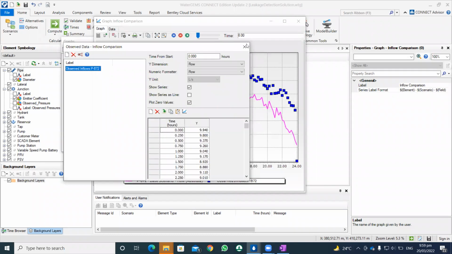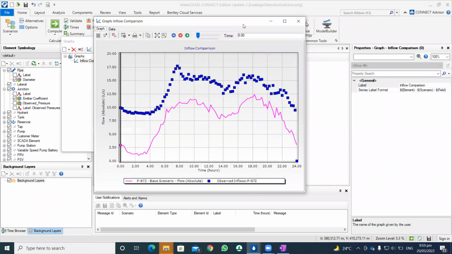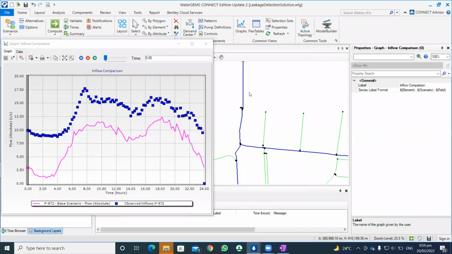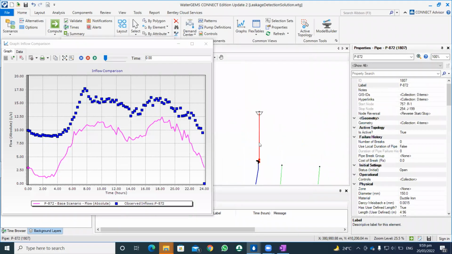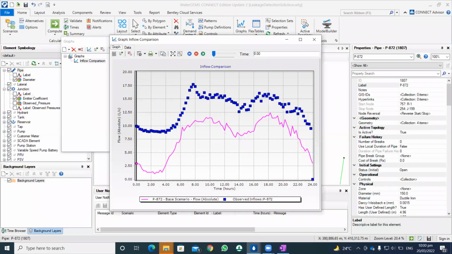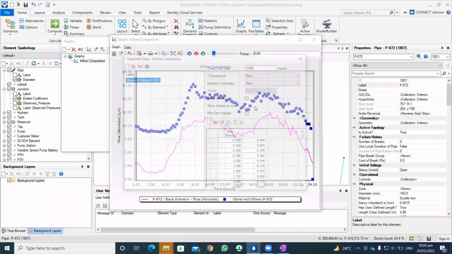Basically, they are just considering this pipe, and they have calculated inflow for that pipe for different time intervals and entered them into these tables.